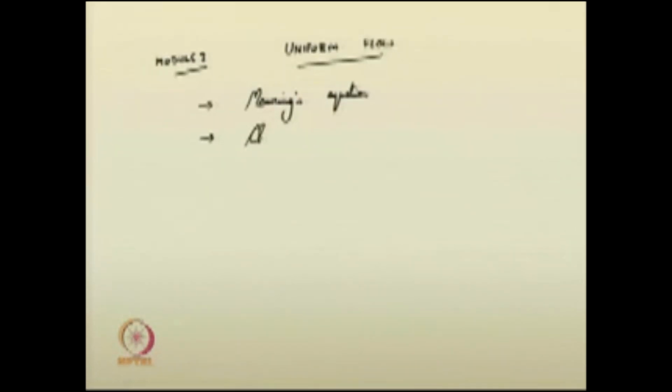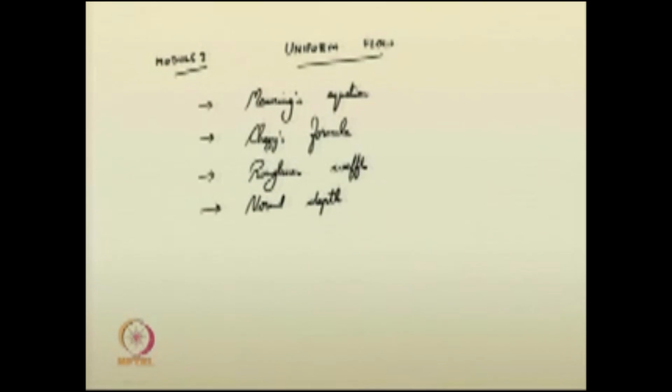We have also seen Chezy's formula. Then we also have gone through roughness coefficients, how to determine roughness coefficients. Then we also suggested about normal depth for uniform flow, whatever depth is there, it is called normal depth.